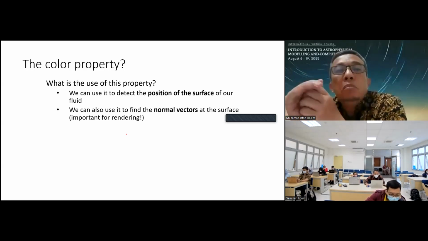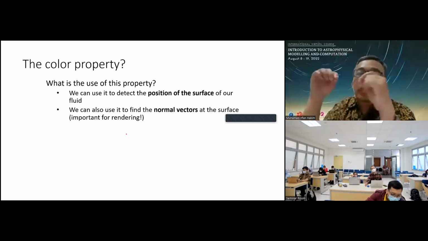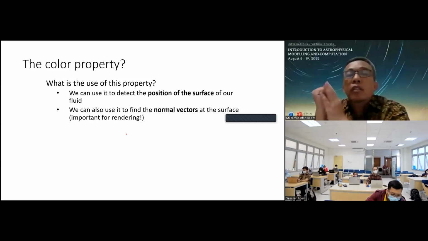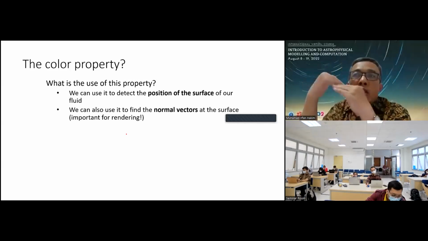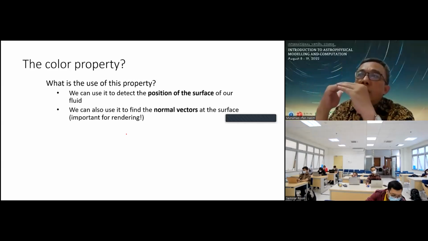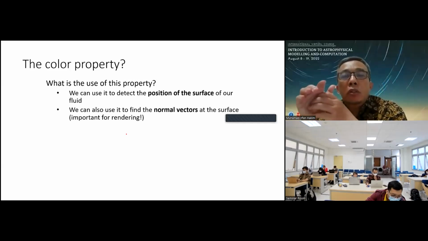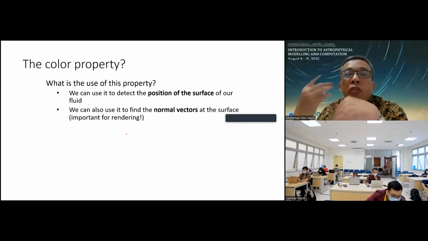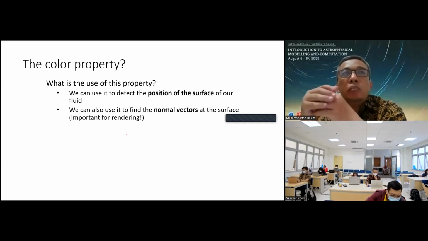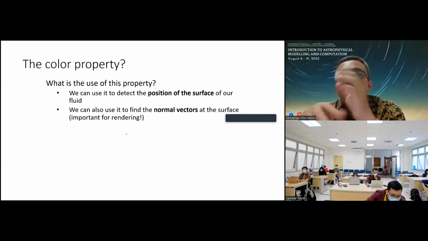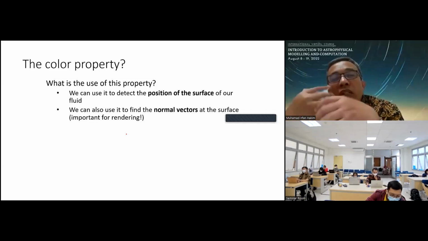Especially the position of the particle near the surface, what is the pressure, what is the force in surface. So we can do calculation to derive the velocity and the position.